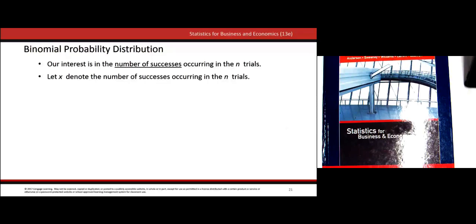So x is the number of successes, the random variable x, in the n trials. So n is the number of trials, and p is the probability of success on one trial, and p is constant, it doesn't change from trial to trial.